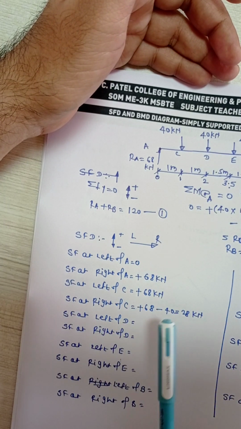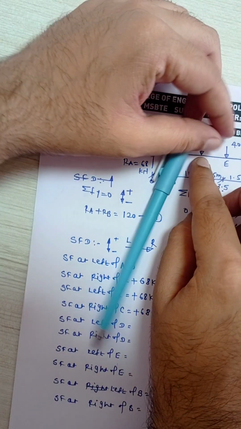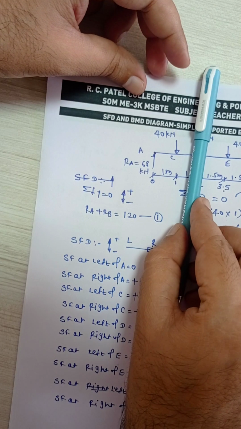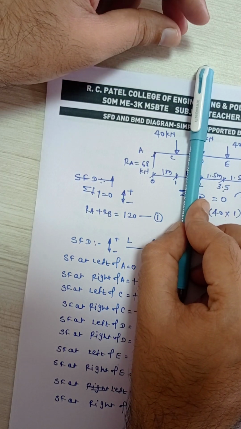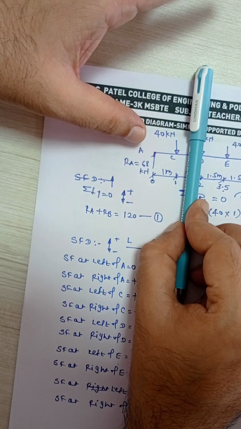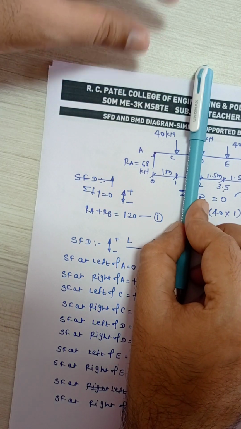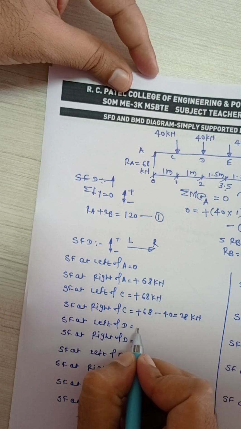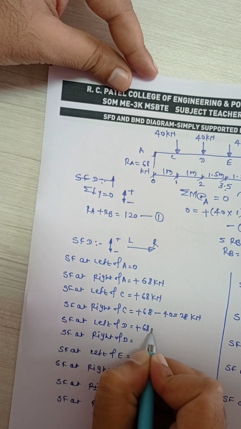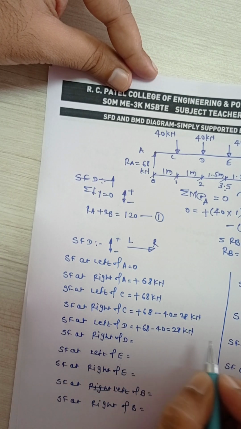Now, left of D. Here also we are observing only two forces, RA going upward and the 40 kilonewton going downward. So plus 68 minus 40 equals 28 kilonewton.